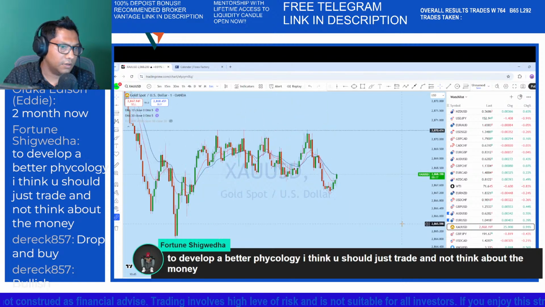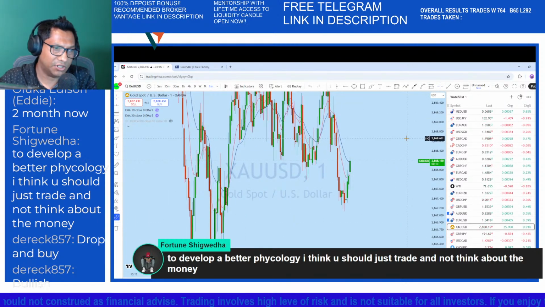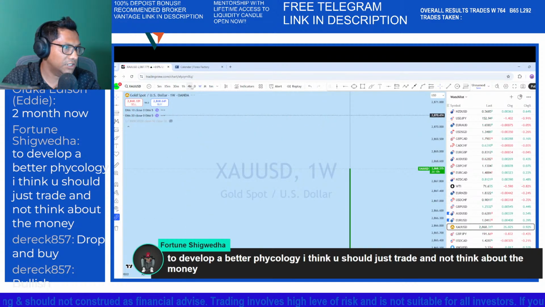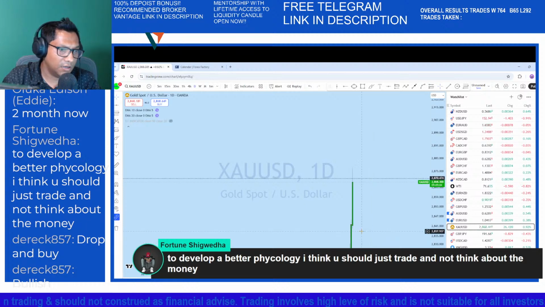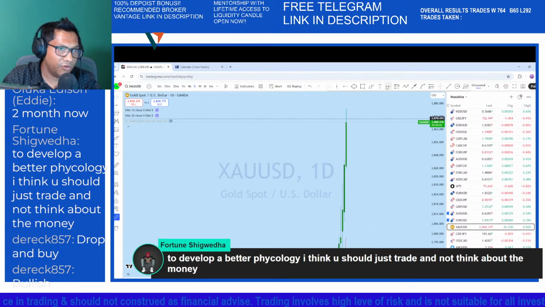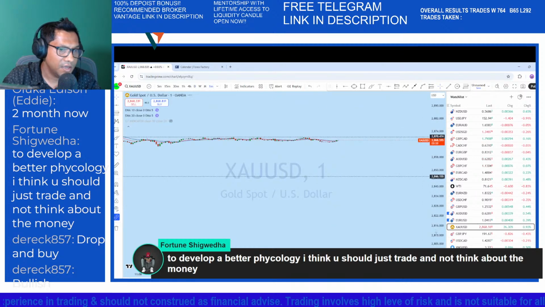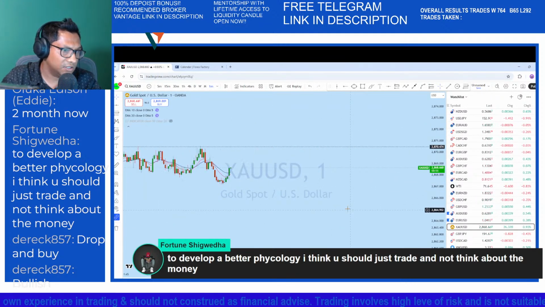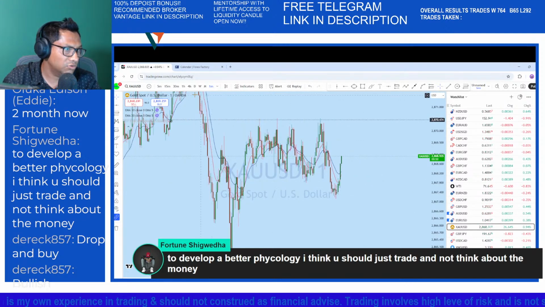My bias is still bullish because, as I mentioned, the major direction of the trend is bullish. If you look at the daily here, today's low is here. For me, a bullish entry would be here in that area, and I would like to see it showing bullish market structure. We'll be looking for entry as soon as we find that.